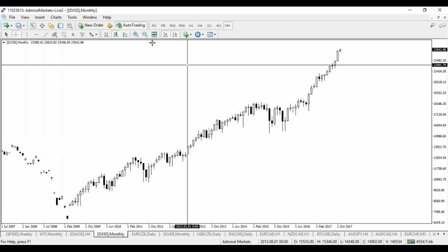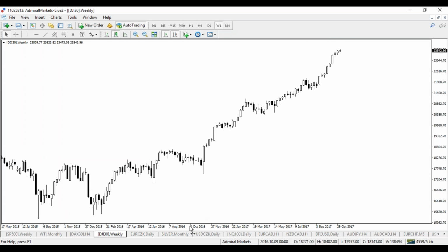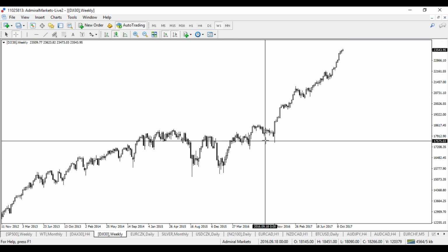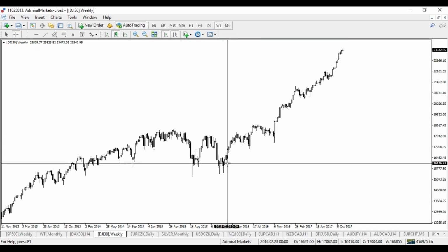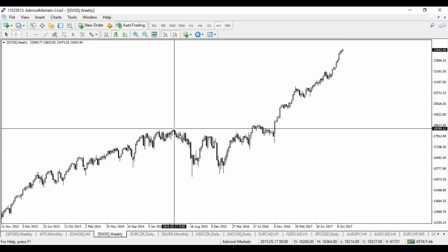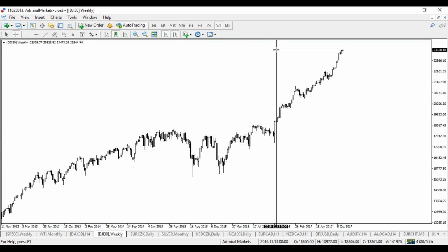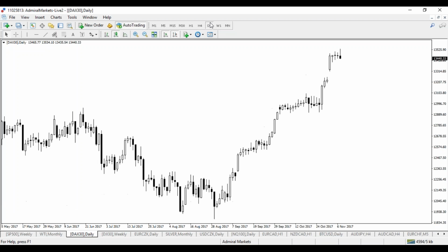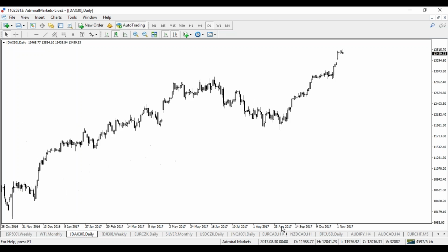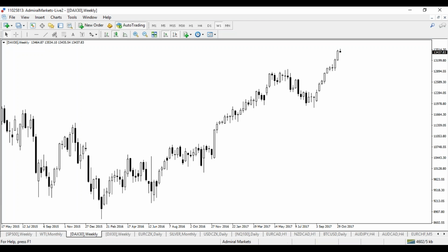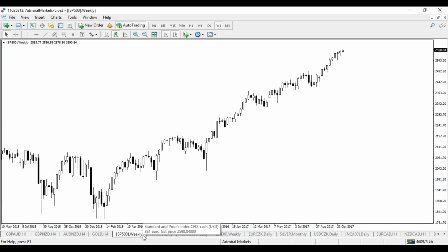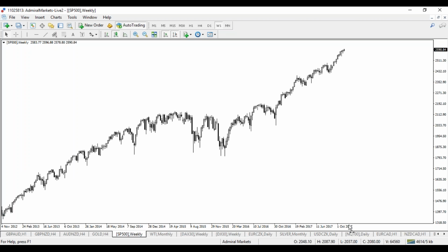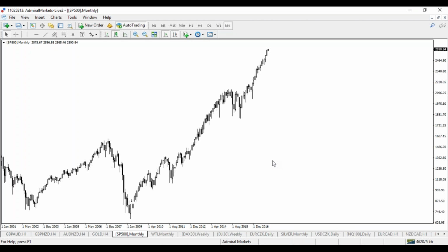This has been pushing up ever since the beginning of last year. DAX too, quite impressive, isn't it? Let's see. S&P 500, same story.